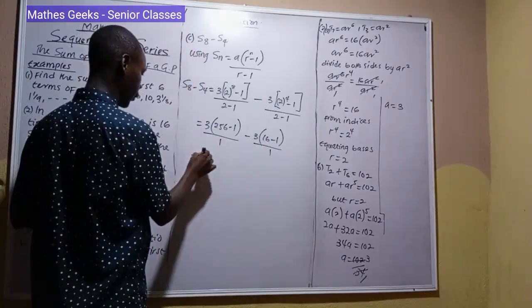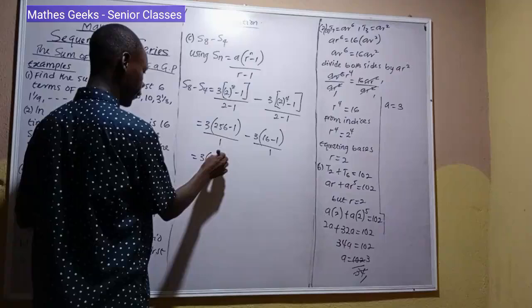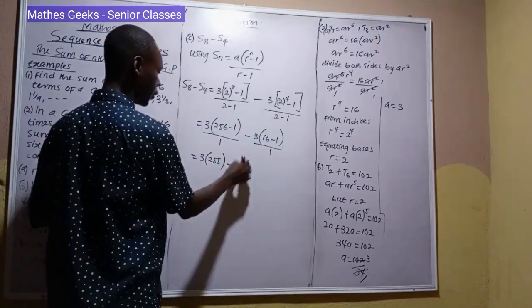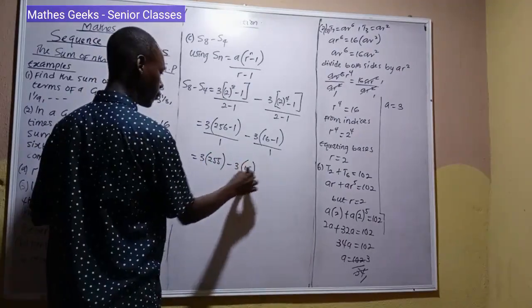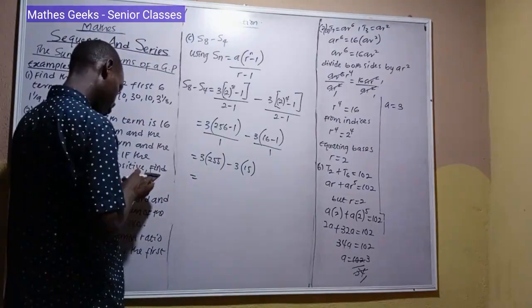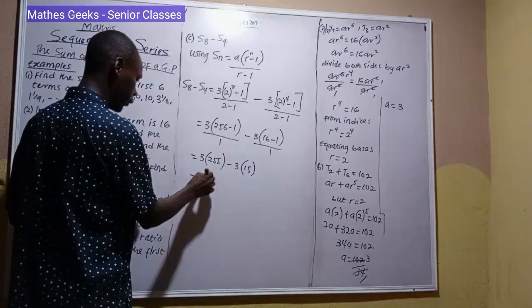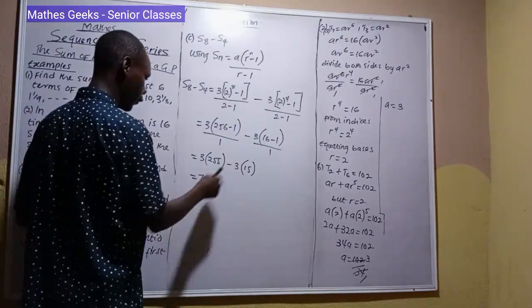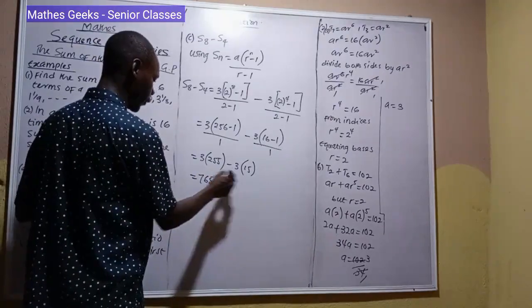So this will give us 255 minus 3 times 15. 255 times 3 is 765, minus 3 times 15 which is 45.